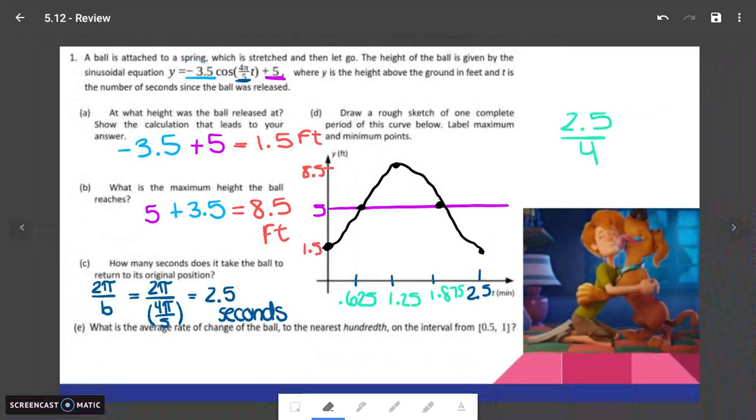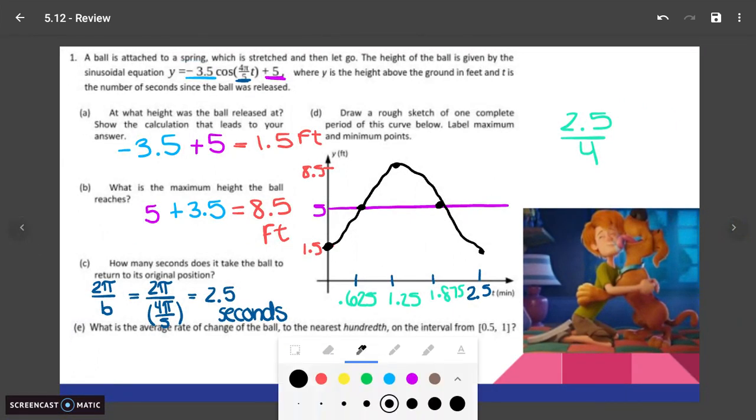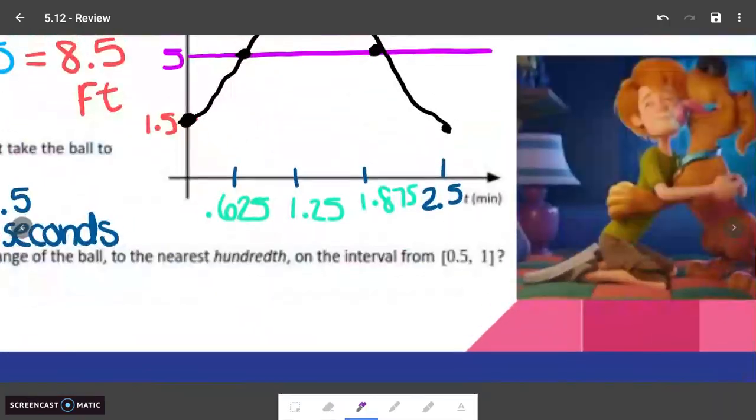Now, part E kind of ties it back to an old topic that we've talked about. What is the average rate of change of the ball to the nearest hundredth on the interval from 0.5 to 1? So remember, that's not a coordinate point. That's specifically talking about x values because it's the rate of change.